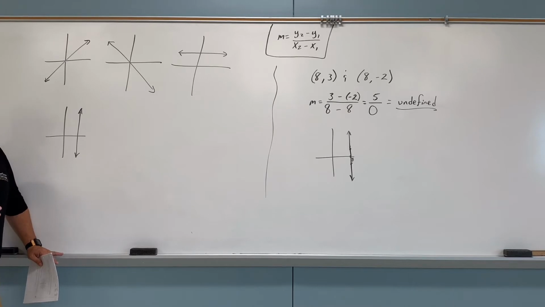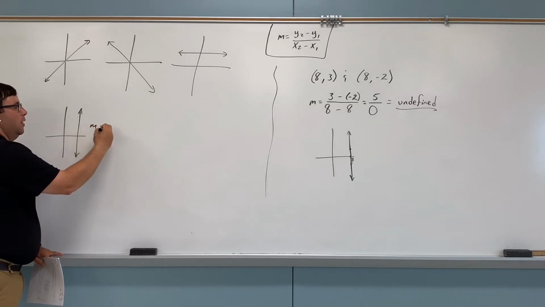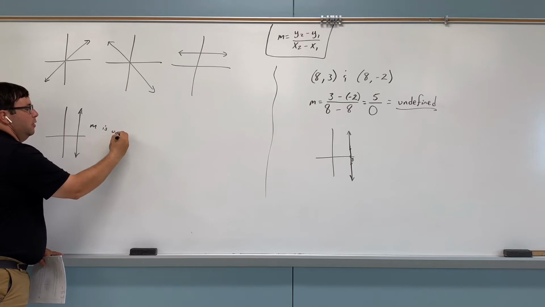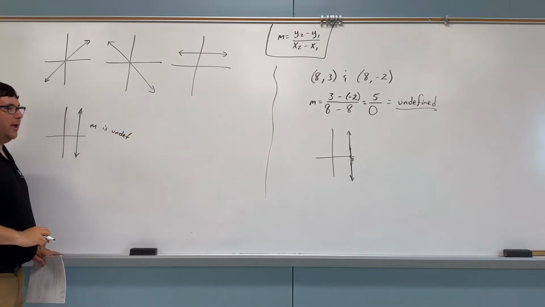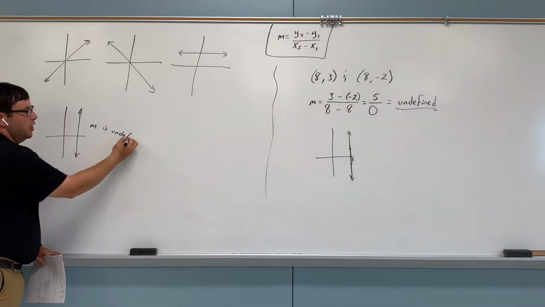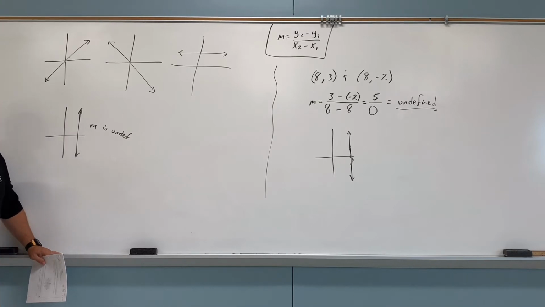Now, in these 4 situations, slope is defined for all of the situations except one. And we just encountered that situation. Slope is undefined for vertical lines. That's an abbreviation of undefined.